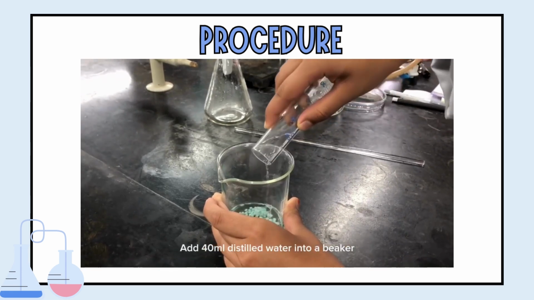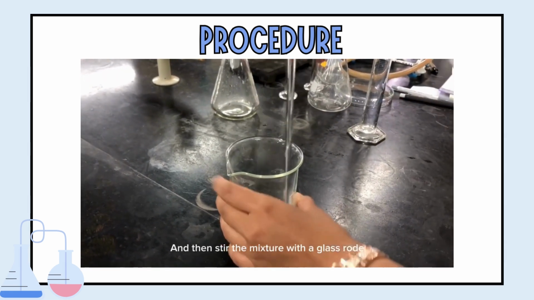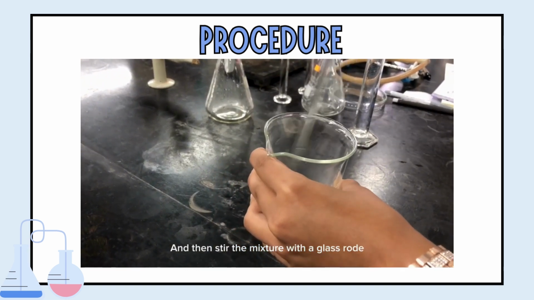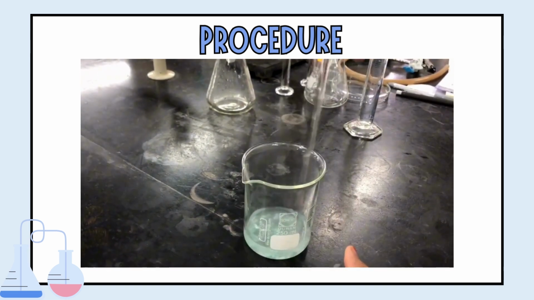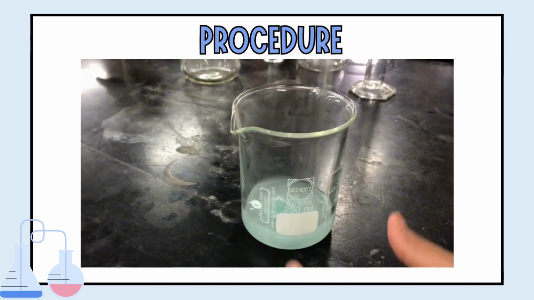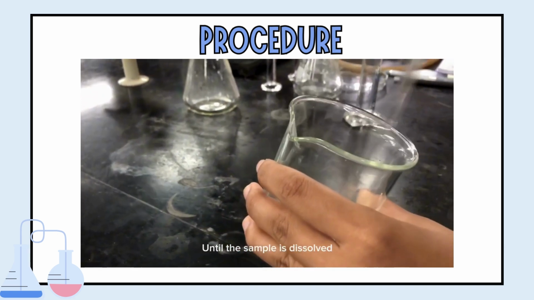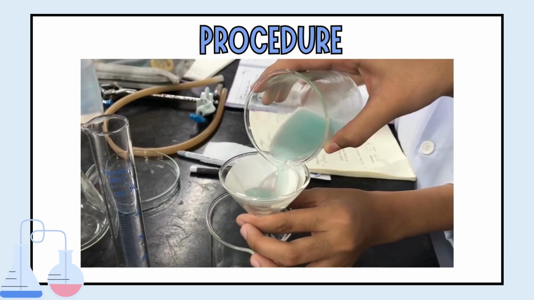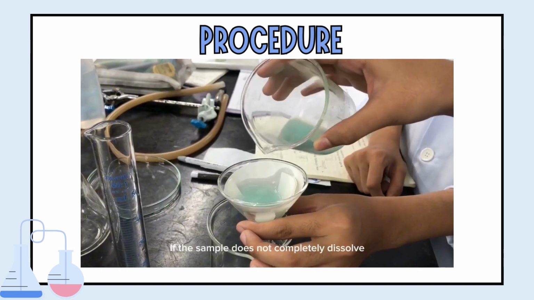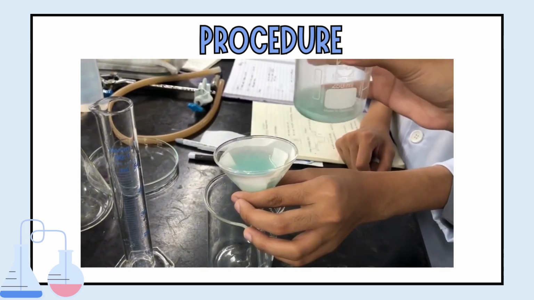Add 40 ml distilled water into the beaker and then stir the mixture with a glass rod until the sample is dissolved. If the sample does not completely dissolve, remove the insoluble material through filtration.